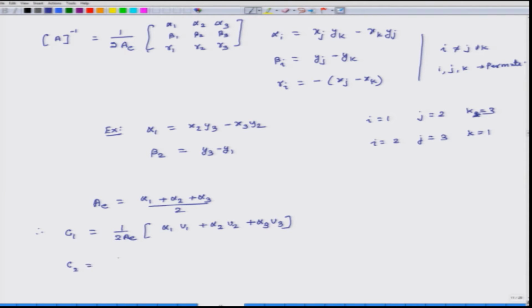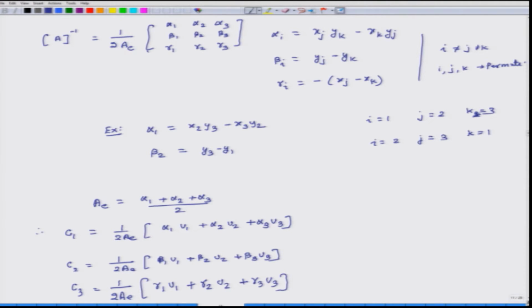C2 equals 1 over 2 AE times beta 1 U1 plus beta 2 U2 plus beta 3 U3, and C3 equals 1 over 2 AE times gamma 1 U1 plus gamma 2 U2 plus gamma 3 U3.